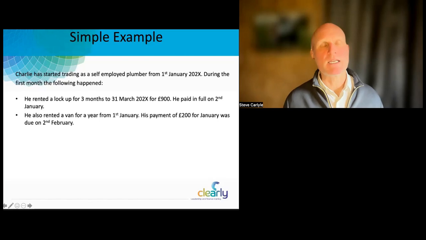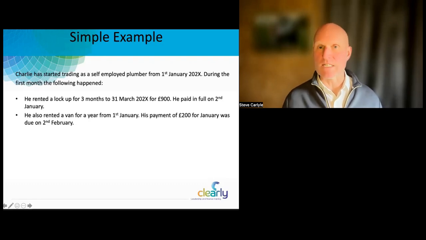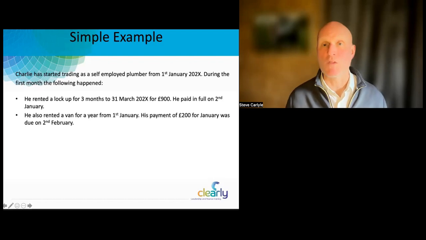Secondly, Charlie rents a van. He takes out a lease on the vehicle for 12 months. He's been optimistic, thinking he'll stay in business for 12 months. He's got a legal contract to lease it for 12 months at £200 per month.